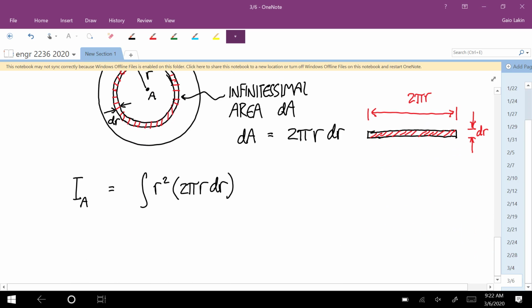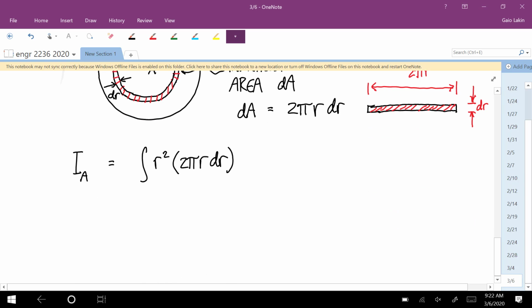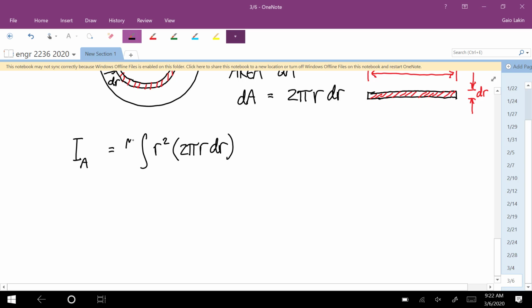We didn't want r squared dA, we wanted r squared dm. So we have to multiply all this by this conversion factor. Since that's a constant, we can pull that outside: M over pi r squared.